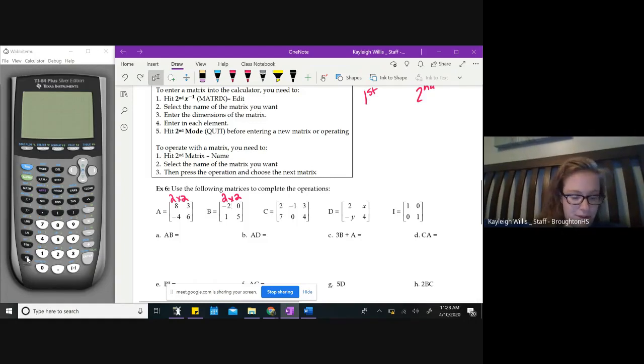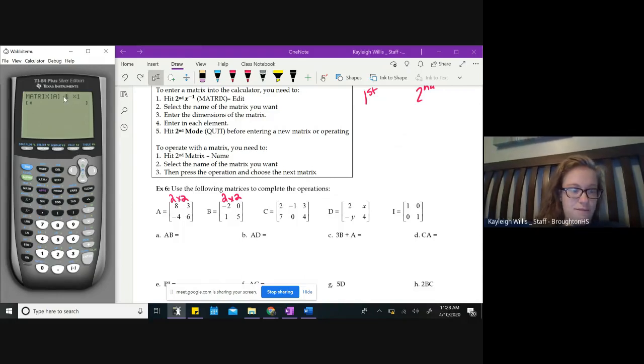So I'm going to turn on my calculator over here, so you can see my cursor. We're going to hit second matrix. It says it in blue, so that's the button I'm going to hit. We're going to go all the way over to edit, and hit enter. We have to know the dimensions in order to use the calculator anyways, so we have to type them in.